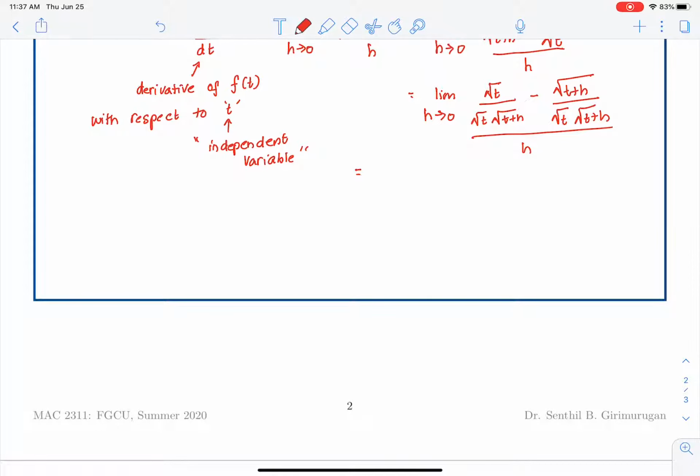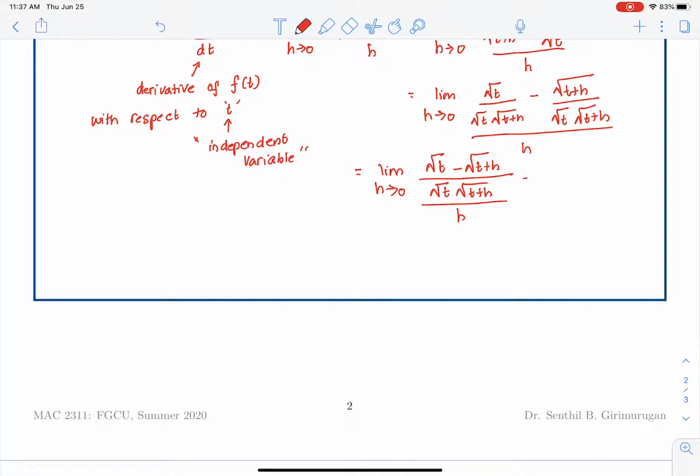So we have a common denominator, so we can combine the numerators and write it as square root of t minus square root of t plus h divided by square root of t times square root of t plus h over h.